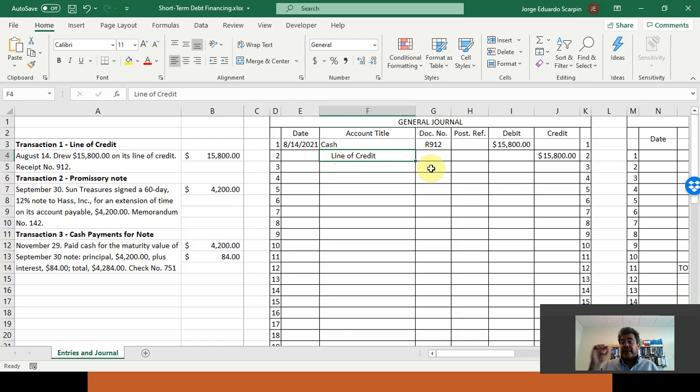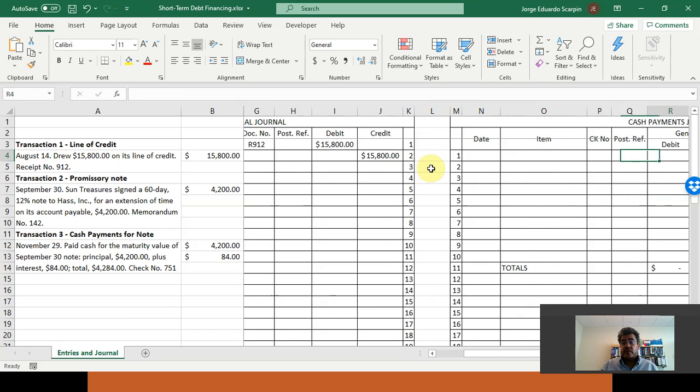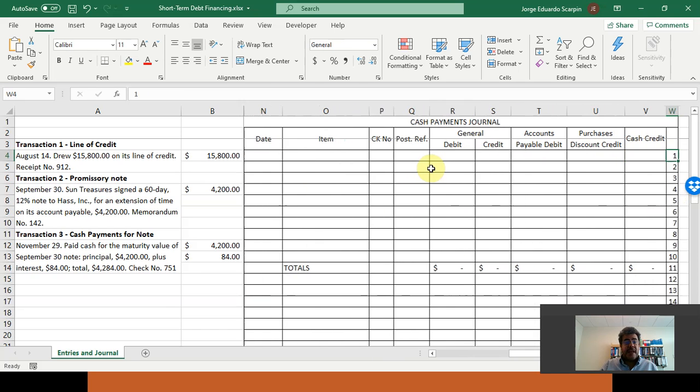Line of credit, a current liability, a short-term liability here. So we can use this money when we want. So our cash payments journal, no cash payments journal because it is not a cash payment here.